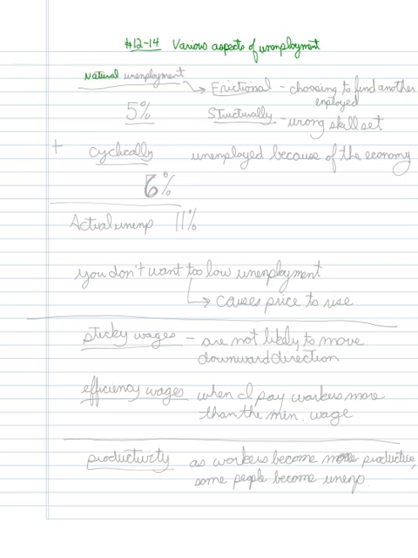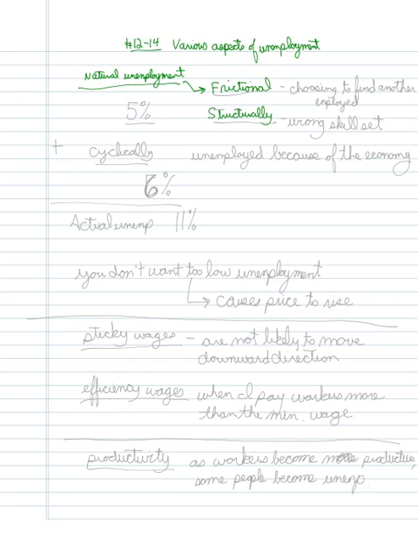The idea that economists have here is that for natural unemployment, there are always going to be people that are unemployed in any economy. And the two natures of this unemployment is that people can be frictionally unemployed and that people can be structurally unemployed.